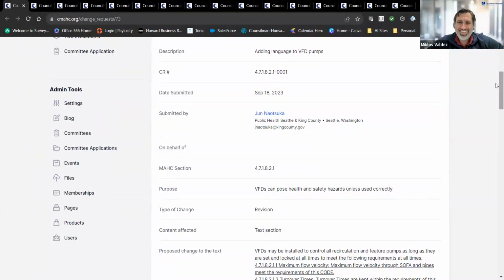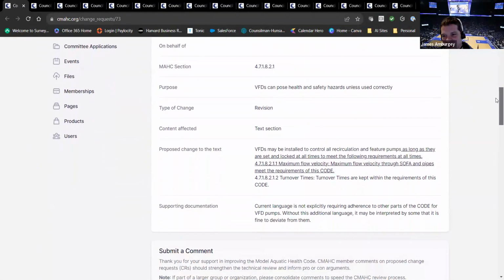So this change is actually concerning VFDs, and I guess there's concern that people will turn them down or up or something like that. So this is kind of a recommendation or a requirement that they be set and locked at all times. So basically, if you have a VFD, then you don't really have a VFD.